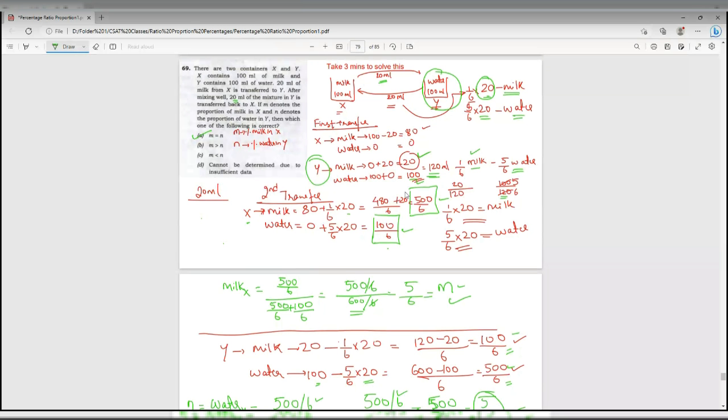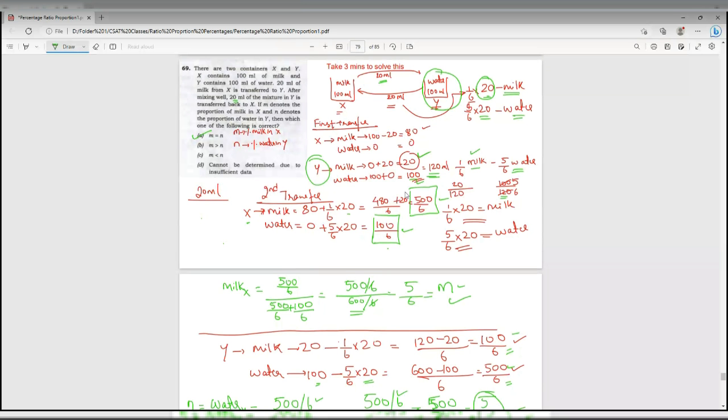So any quantity that you remove from container Y, in that quantity 1/6 will be milk, 5/6 would be water. Here they are removing only 20 ml. So 1/6 into 20 ml would be milk, 5/6 into 20 ml would be water.